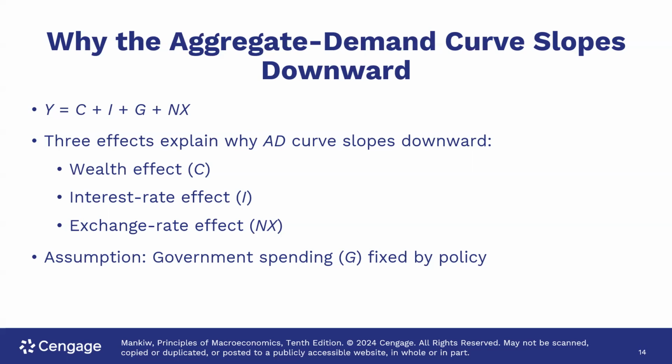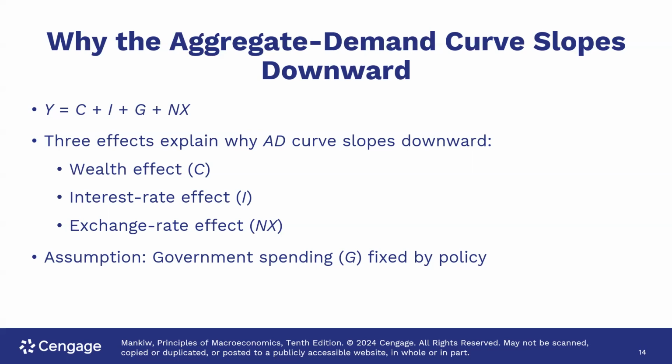Right. So this demand is influenced by the price level through the following three channels. The price level will affect the consumption, will affect the investment, and will affect the net export.